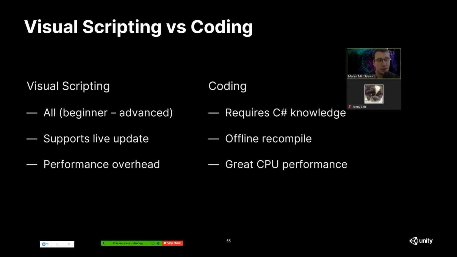All right. So let's say you have a player controller that's checking collision with many game objects in a scene, or maybe it's iterating over a large loop, it's always better to have it in your C# script instead of the visual graph.